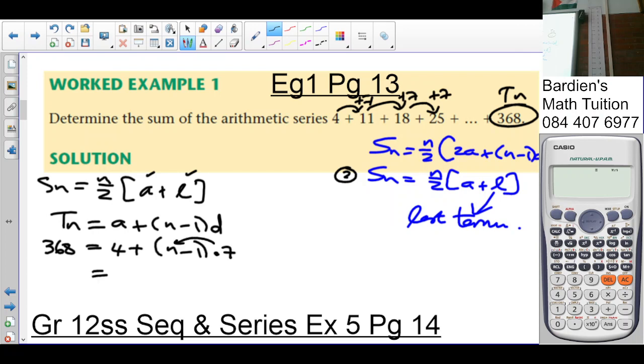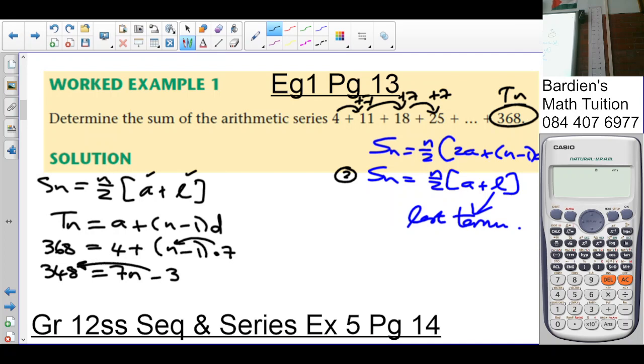So that's going to give you 7n minus 7 plus 4, which is negative 3. It's equal to 368. Okay? So you bring that over the equal sign. So it's 368 plus 3.